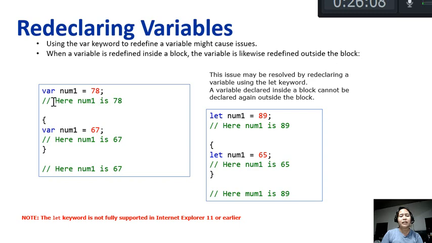Within that space, the variable num1 exists and its value is 78. Now you have a block of code, and inside that block scope, you declared num1 with a value of 67. Within that block of code, the value of num1 is 67. When you get out of that scope, num1 is still going to be 67.